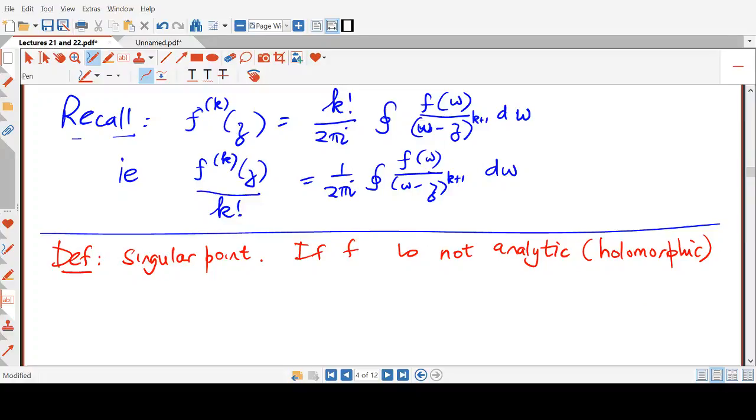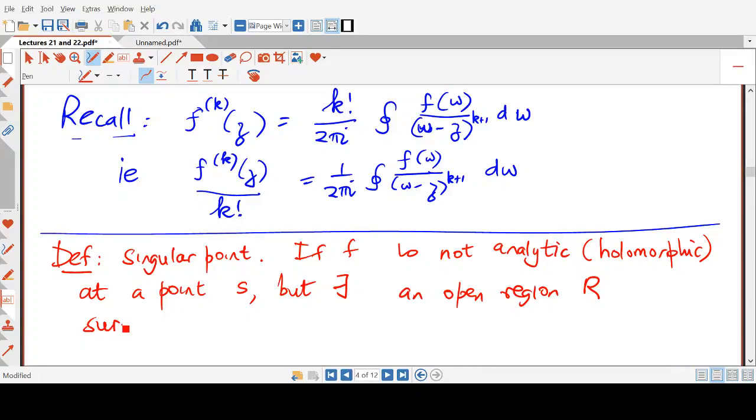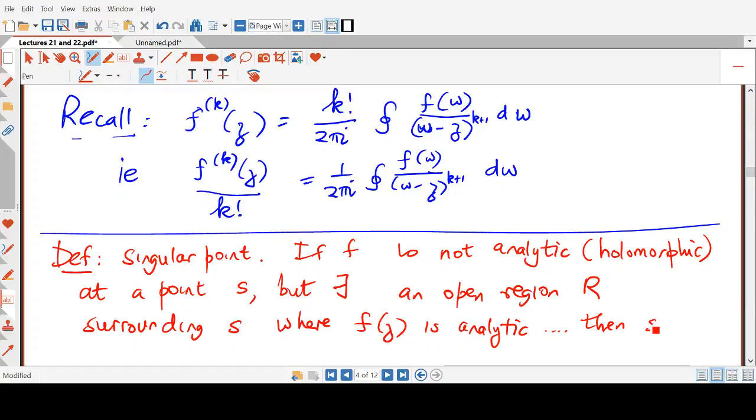So we've now defined what a singular point is. If f is not analytic, in other words, is not holomorphic at a point S, but there exists an open region R surrounding S where f of z is analytic, then S is called a singularity.